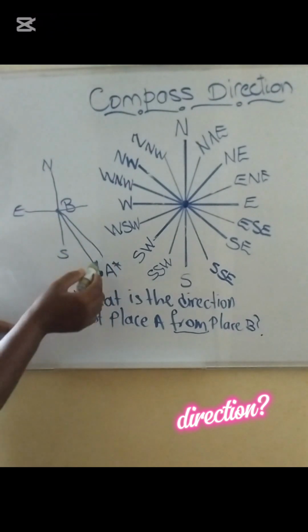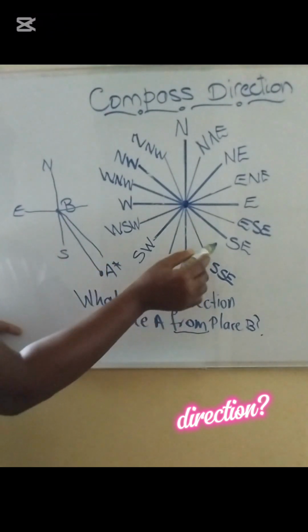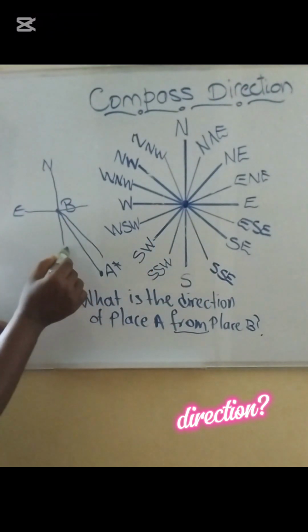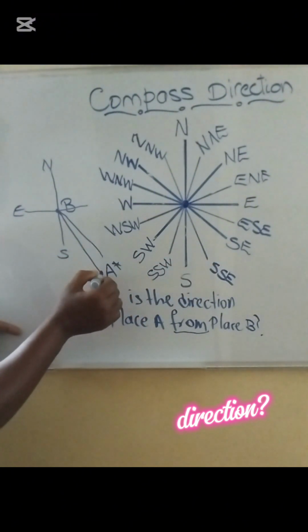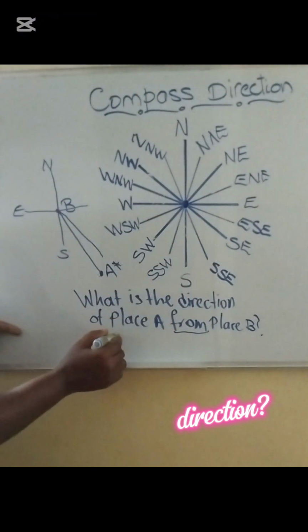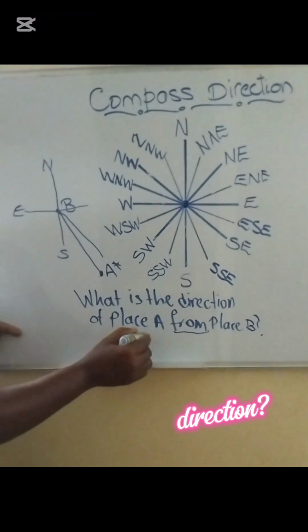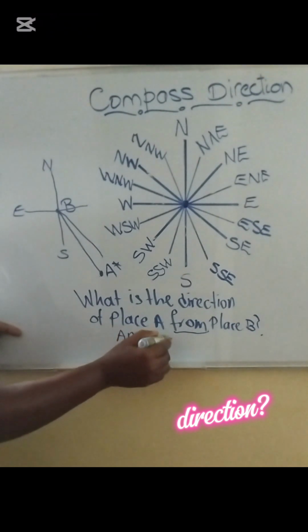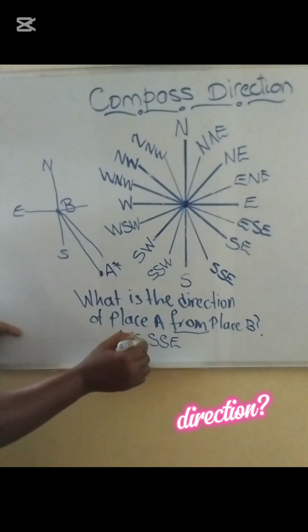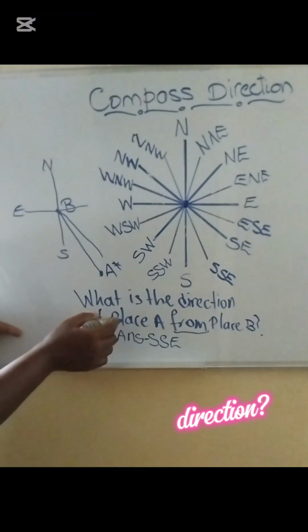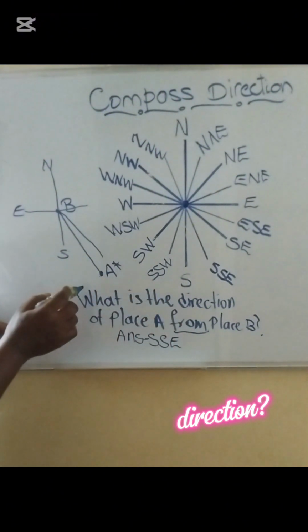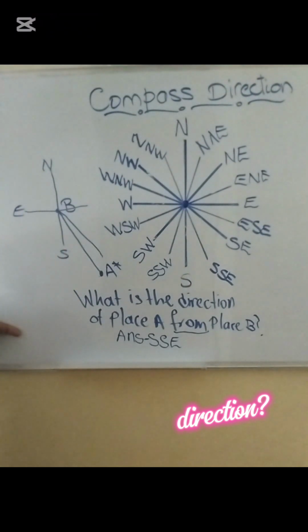So we can see that it's not southeast. So it is between south and southeast. So that would be south, southeast. So the answer would be south, southeast. Okay? So that is where place A is from place B. Okay? See how easy that was?